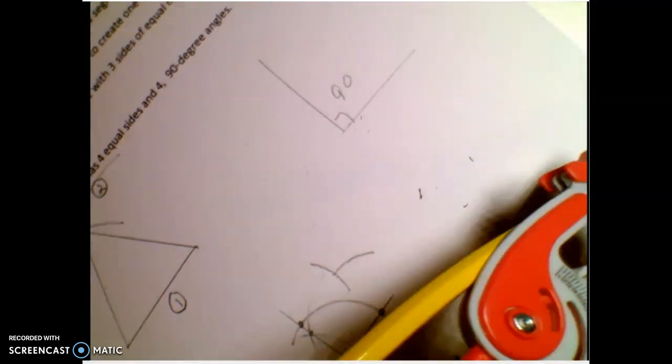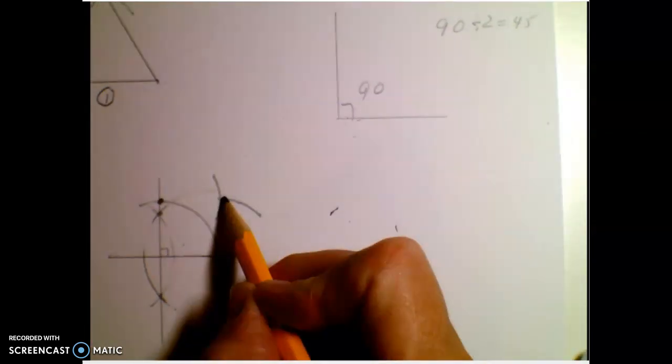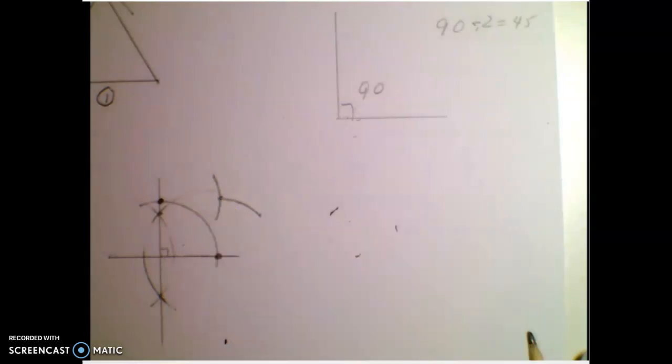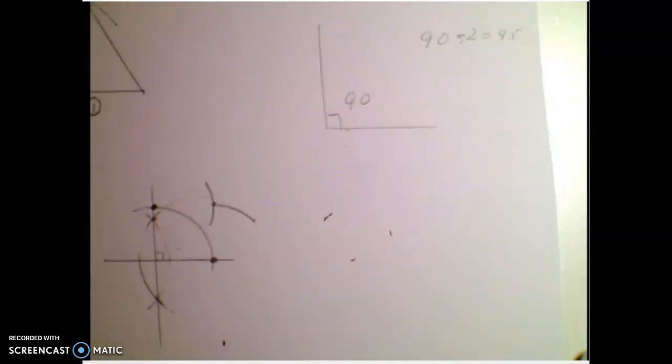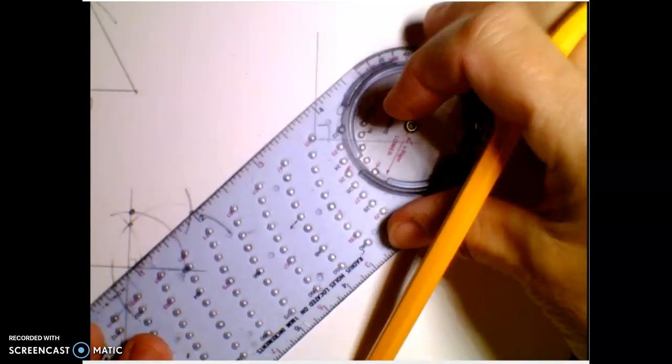I'm going to go from this point and make an arc. Where those 2 arcs meet, it's right there. I'm going to connect from here to there, from the center out.